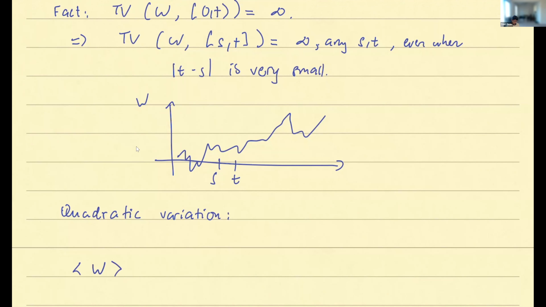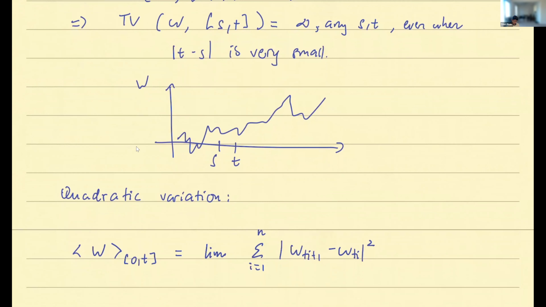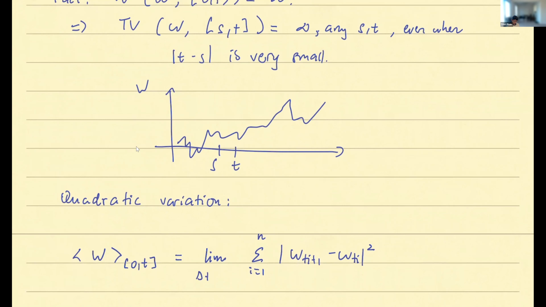All right, and let's do this. It will be the sum, but now you square the change, and then you take the limit as delta t goes to 0.